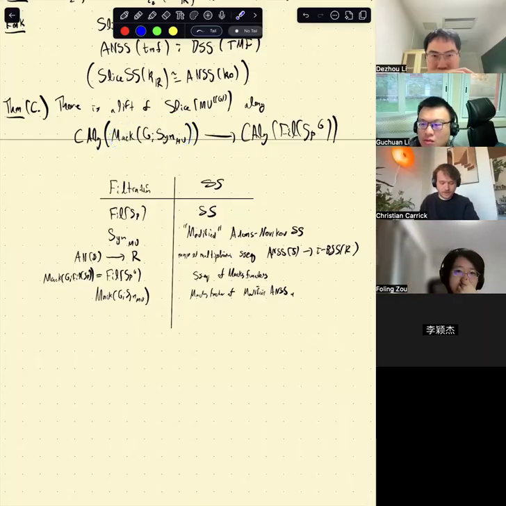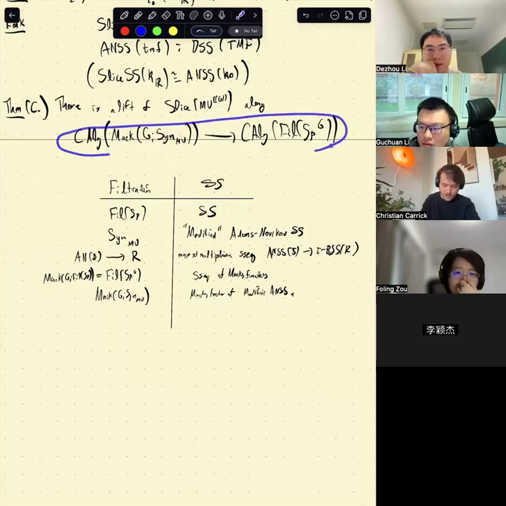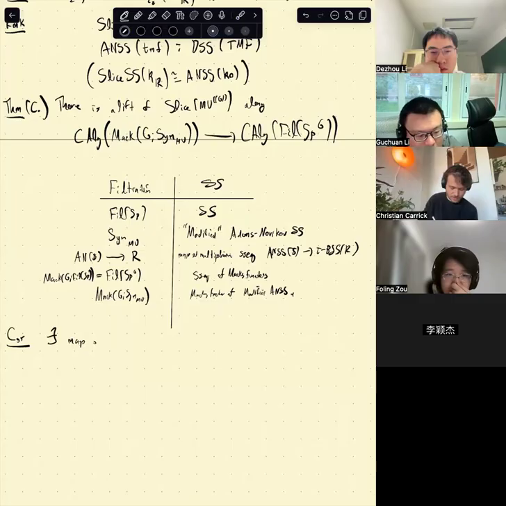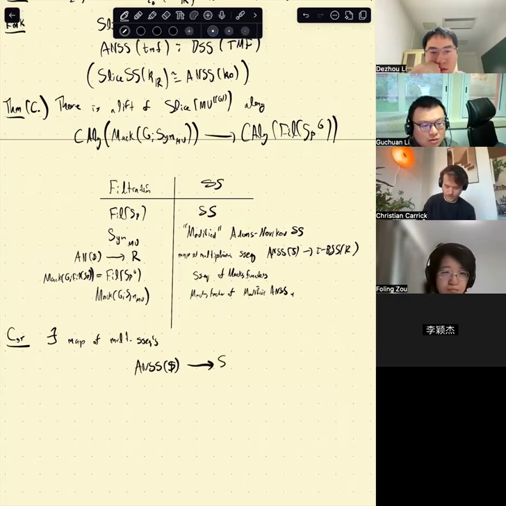Okay, and that would be a statement appearing on the left side of this table. And so let me state now the concrete corollary of that, which would be the statement appearing on the right side of this table, that there exists a map of multiplicative spectral sequences from the classical Adams-Novikov spectral sequence to the slice spectral sequence of MUG.